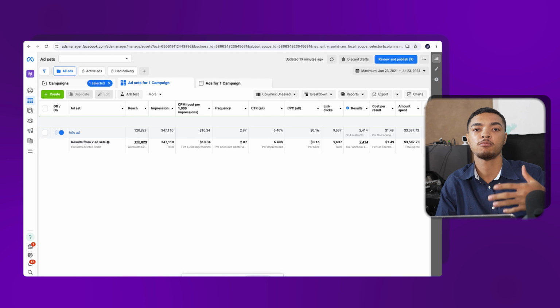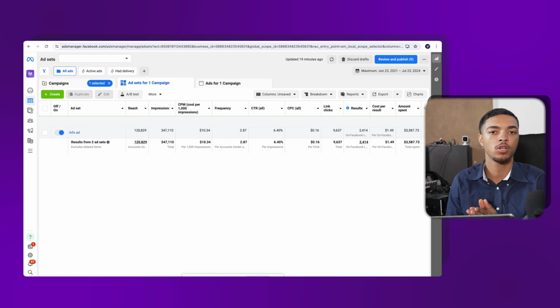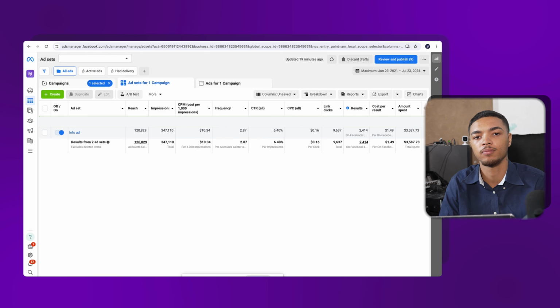Maybe the information on the form that you're presenting to them isn't really moving them to give you their information. So I use CPC pretty much for those two. Number one, to know if the first impression is good, and number two, just to cross-reference with my cost per result to make sure it's adding up and my form isn't losing me a lot of leads.